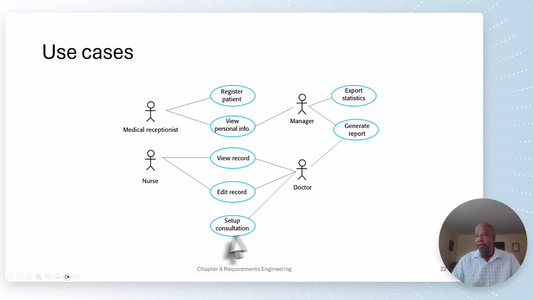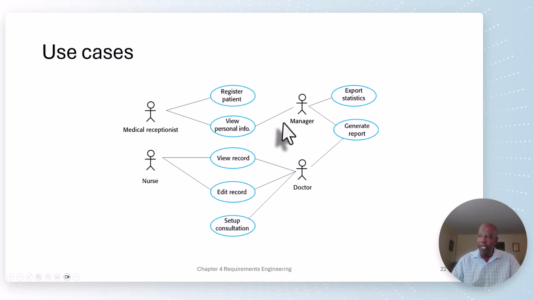Here's an example, and you can look at this. You can see the whole picture of your application in general. Here are the use cases: the medical receptionist registers patient personal information, which goes to the manager, who exports and gives statistics. So looking at each path, you can kind of determine what the system is going to look like.